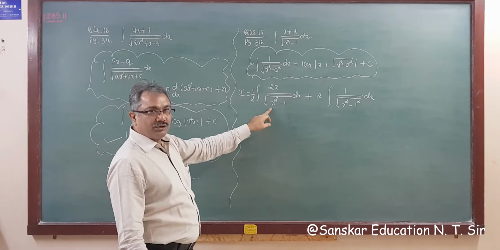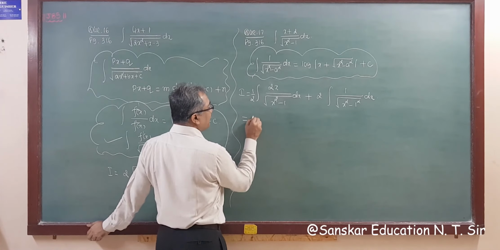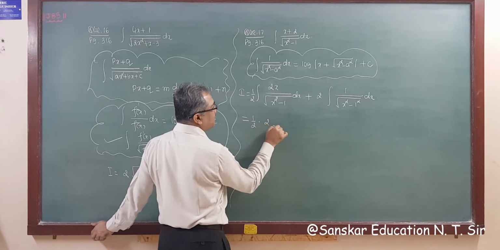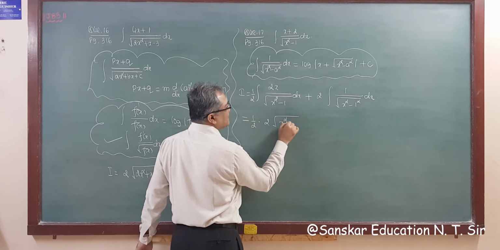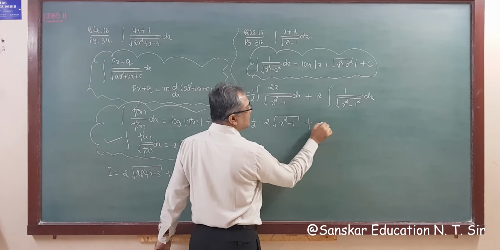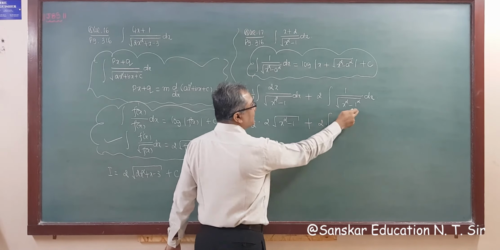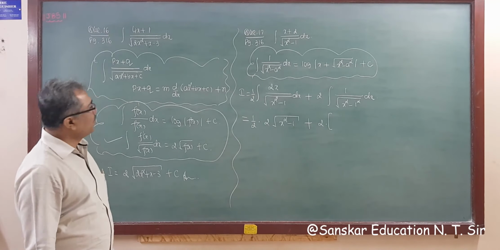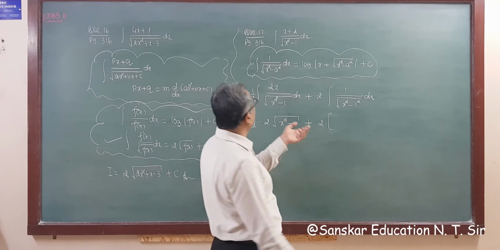So here it is in root, so the answer of this is 1 upon 2 into 2 times root f x, that is x square minus 1, plus 2 times the formula 1 upon x square minus a square. You know the formula is this.